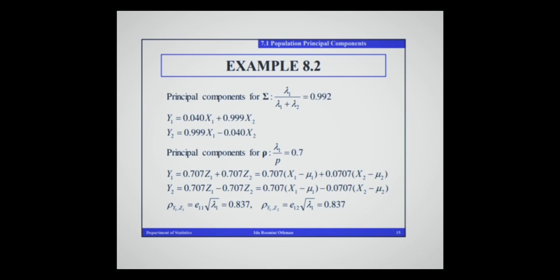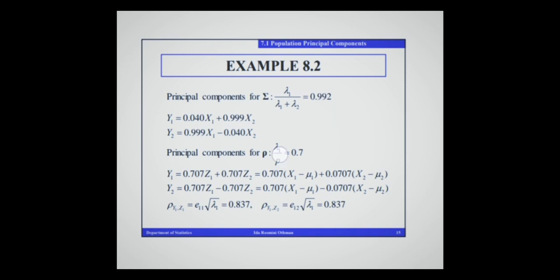Because it is 99.2%. When we are only using the first principal component, it is enough. We can use the first principal component to explain or to replace the variables x1 and x2.